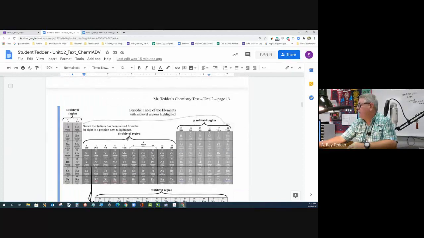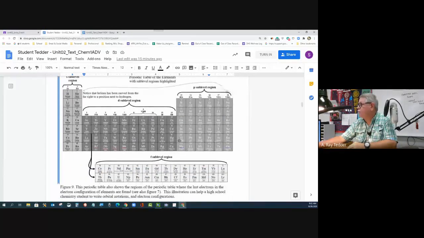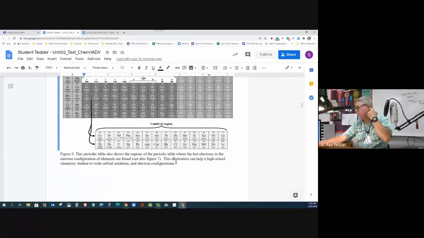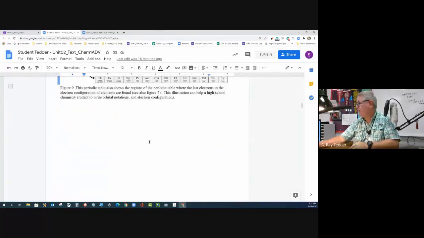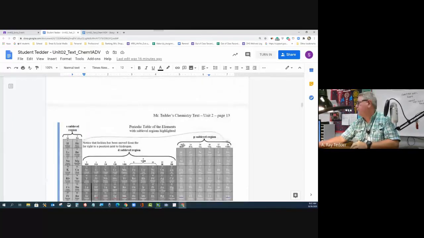And here I've just outlined again in a different way where those regions are located: S sublevel region, P sublevel region, D sublevel region, and F sublevel region. So hopefully you've got that straight, and when you write your own illustrations, you'll have that pretty clear. I showed here with a light colored arrow that I moved the helium from over here to over here, okay?